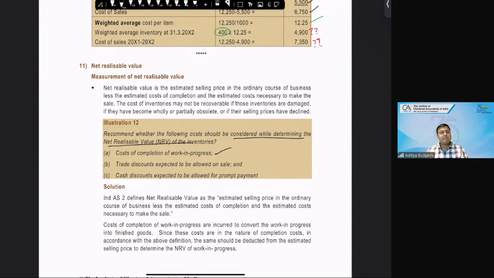So cost of completion of work in progress also will come in that. Trade discounts expected to be allowed on sale. So trade discount also will be considered from the selling price reduction because it is related to you. So that also you will consider. Cash discount has no bearing to your selling price. You will not consider this. So that is about net realizable value.